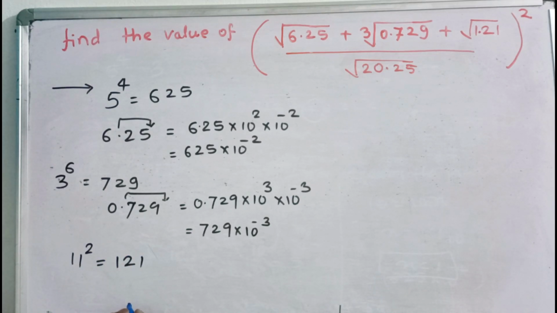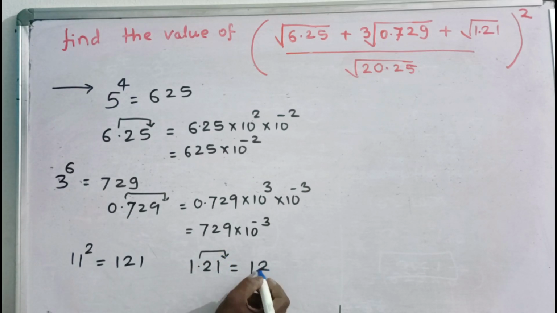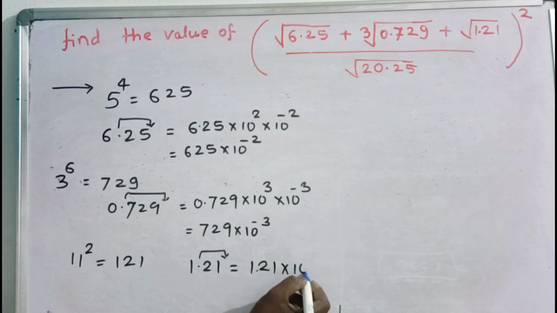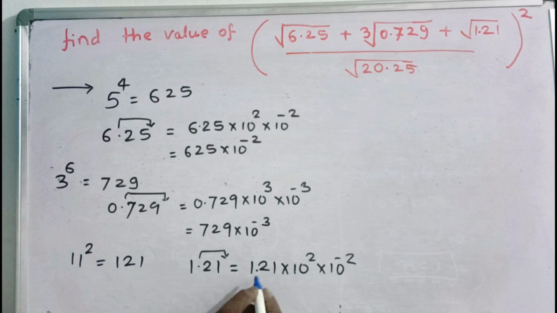But अपने पास क्या है यहाँ पर 1.21. अपना डिजिट पॉइंट 2 डिजिट के बाद शिफ्ट होगा, 1.21 into 10 to the power 2 into 10 to the power minus 2. Simply 121 into 10 to the power minus 2.